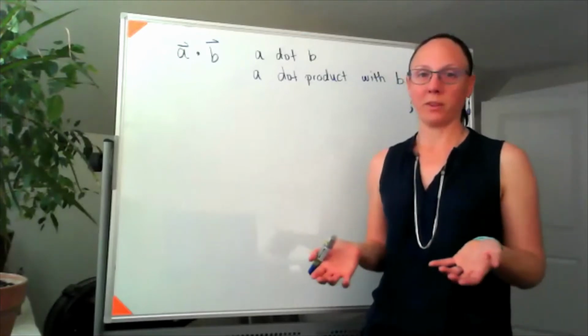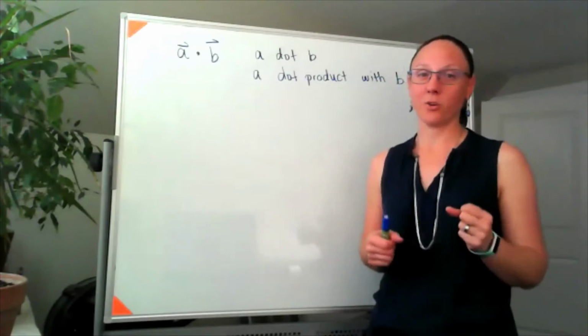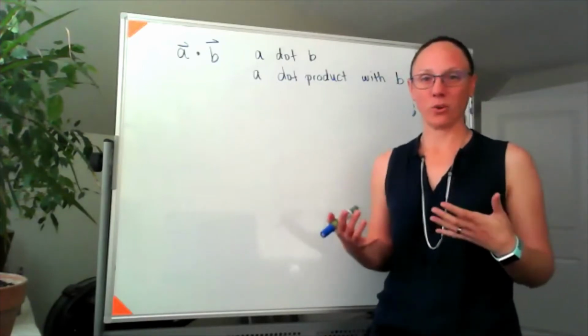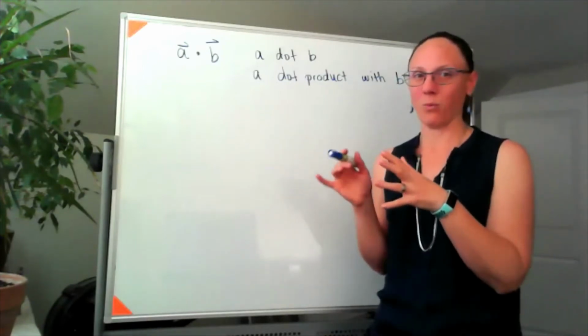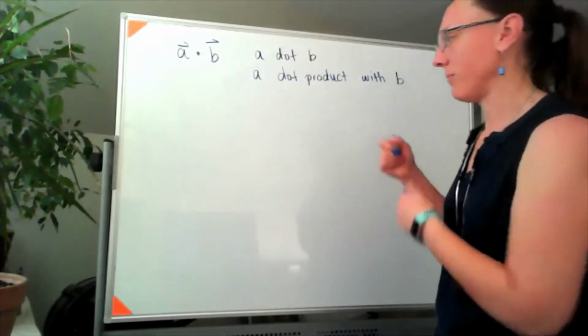And there's also a formula to it. And you will for sure need to know the formula. And I think it's useful to at least visually see what that means geometrically.